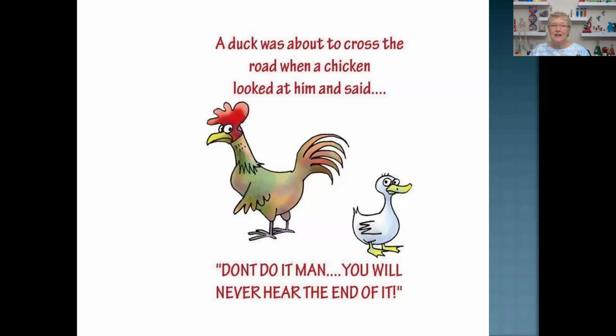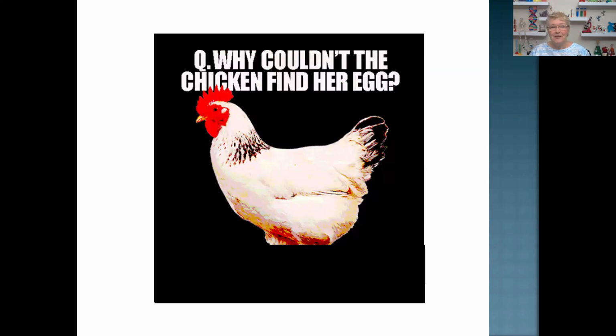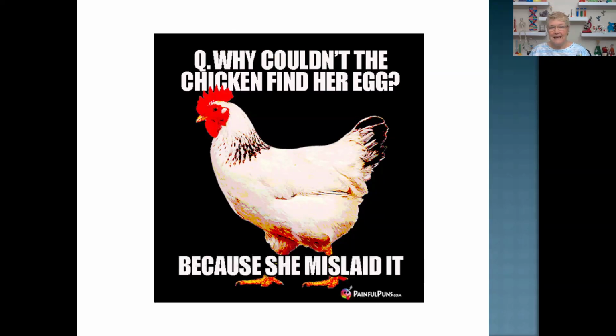All right. Why did the chicken cross the playground? To get to the other side. And how do chickens get strong? They exercise. All right. Hardly anybody's smiling. Are these especially bad today? All right. One more. Why couldn't the chicken find her egg? Because she mislaid it.